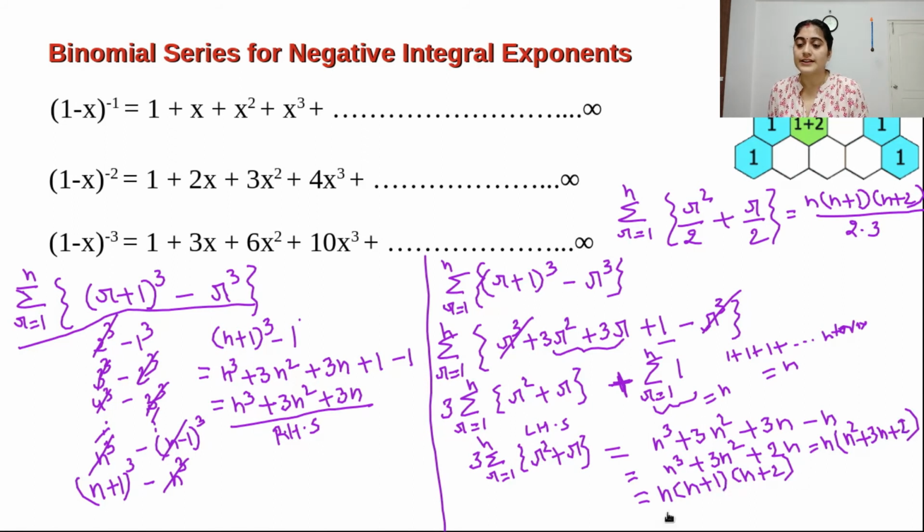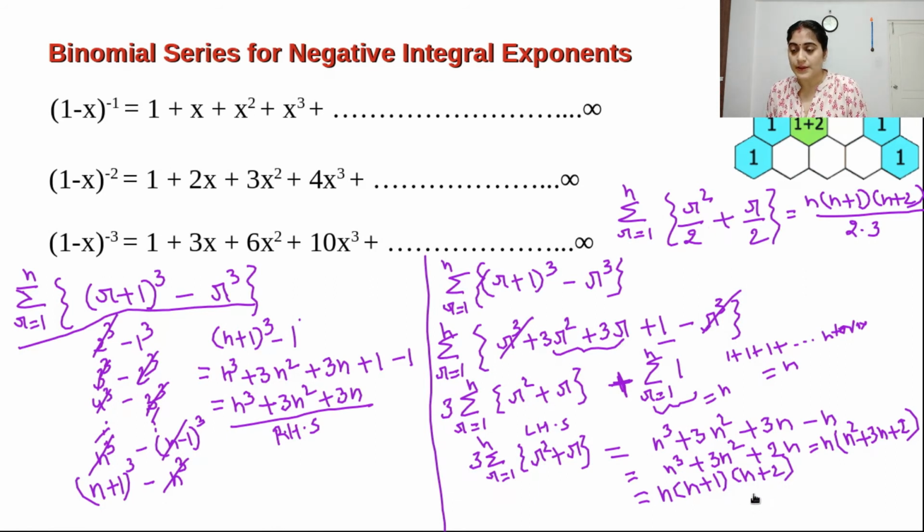So this equals 3 times the summation of r square plus r. If you divide by this 3, we get the summation of r equals 1 to n of r square plus r, divided by 2. So this is divided by 2 and this 3, so it equals 3 into 6.